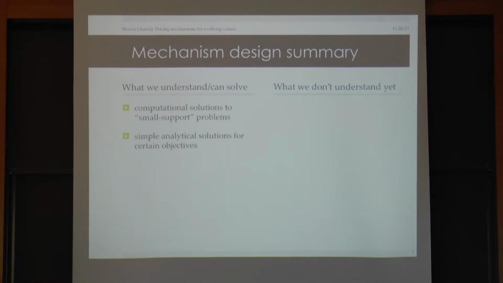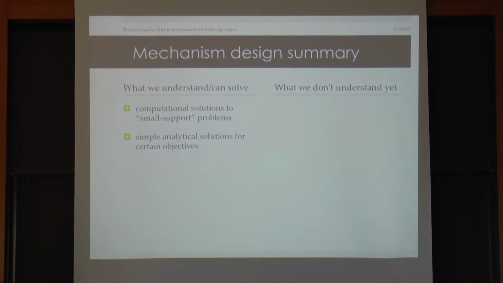Okay? So in terms of the kinds of settings that we know how to solve and those that we don't, we know computational solutions to problems that have small support. So the distribution from which the input is drawn is in some way small support. That doesn't mean there are polynomially many instances, still exponentially many instances, but in some respects you can formalize the small support assumption.